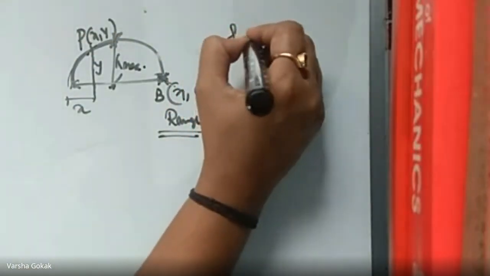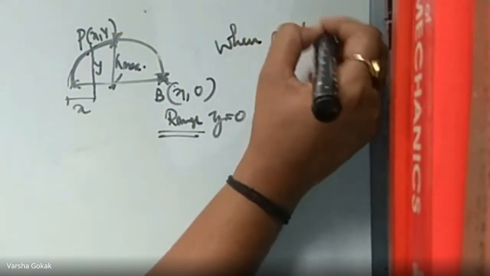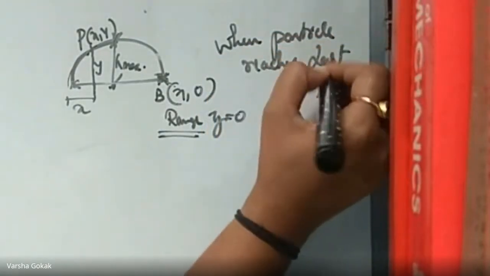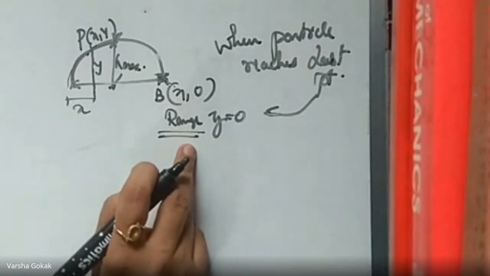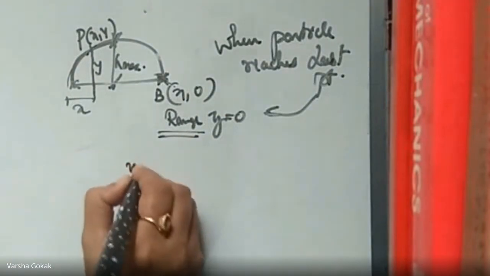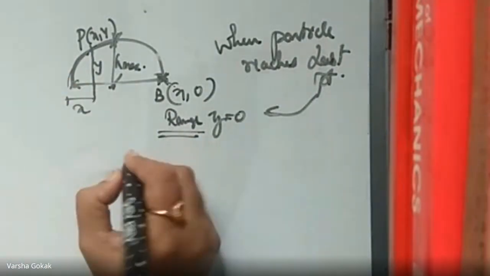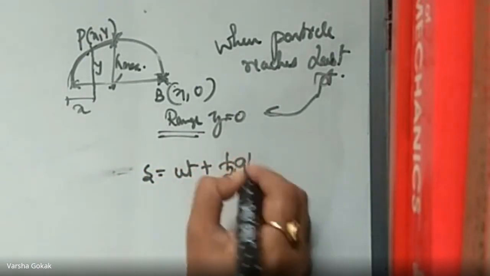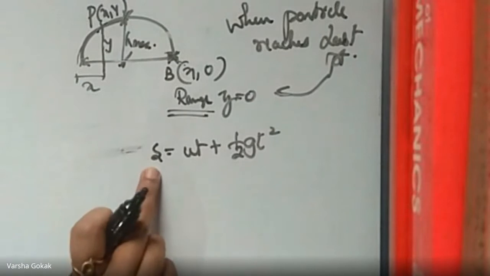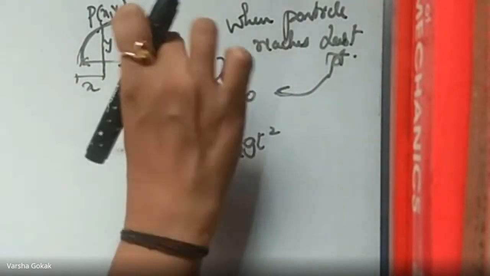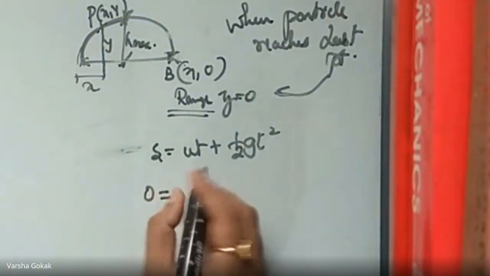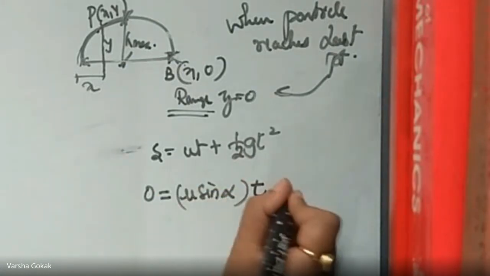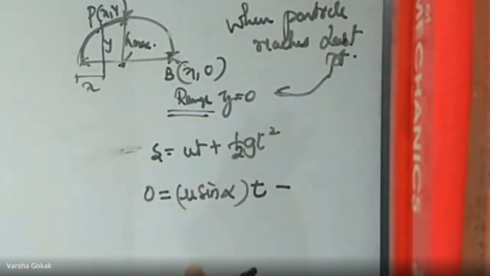So when the particle reaches the last point, we have the coordinates x and 0. Using the equation s equal to ut plus half gt square, s is the distance traveled, so y, that is 0, equals u sine alpha into t minus half gt square. It is minus g because it travels against gravity at the beginning.